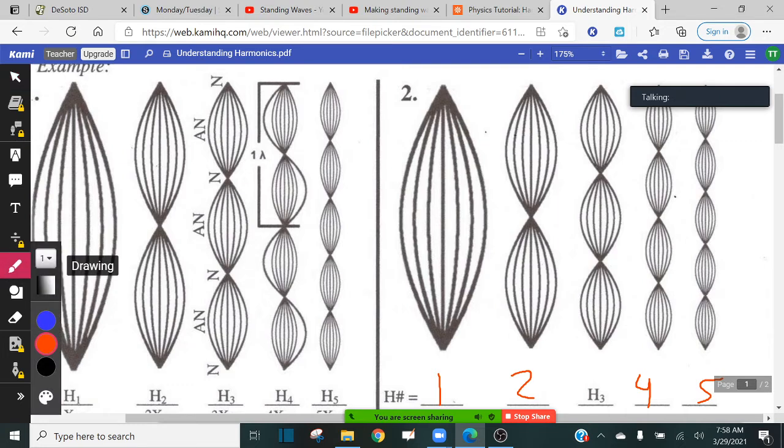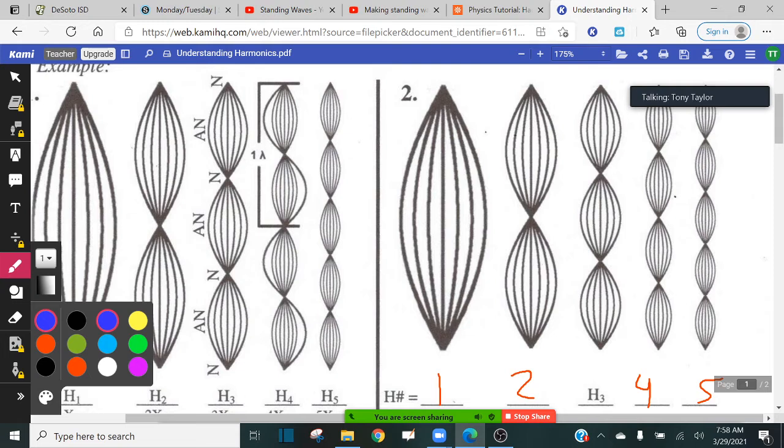If I had to mark the nodes, right here, this point, this point, and this point right here, those will be my nodes. And then the antinodes will basically be this point right here, also extended here, and this point right here, which is also that point right there.